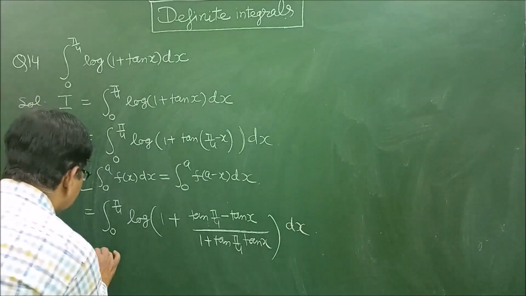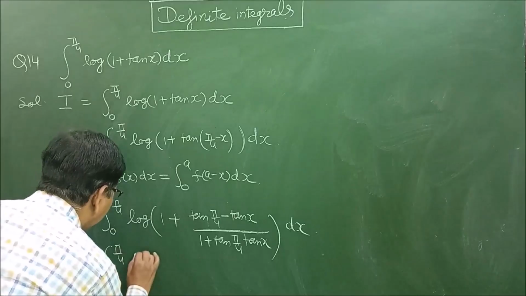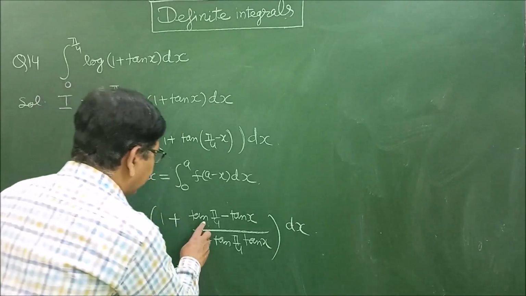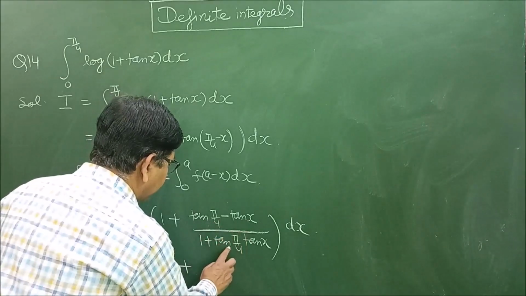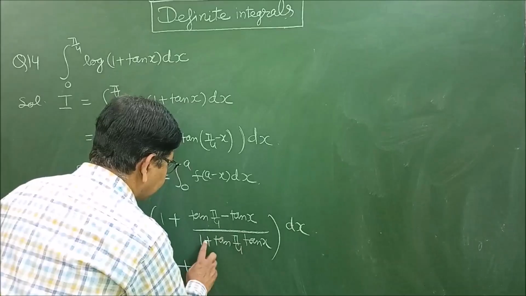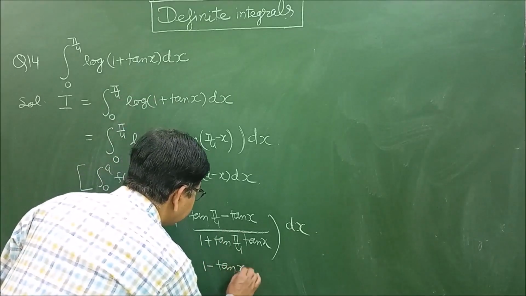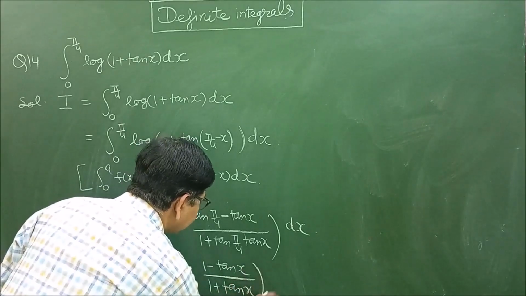Now this is also equal to 0 to pi by 4 log of 1 plus, tan pi by 4 is equal to 1, so 1 minus tan x, and here also 1 into tan x, that is 1 minus tan x upon 1 plus tan x dx.